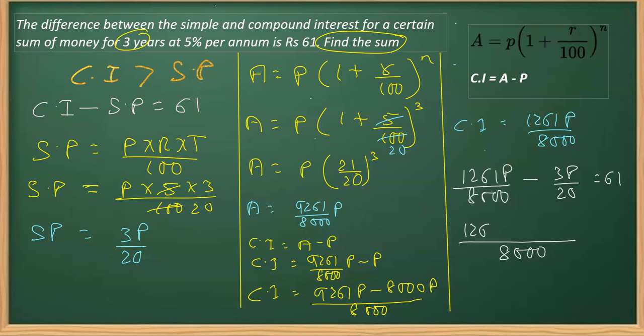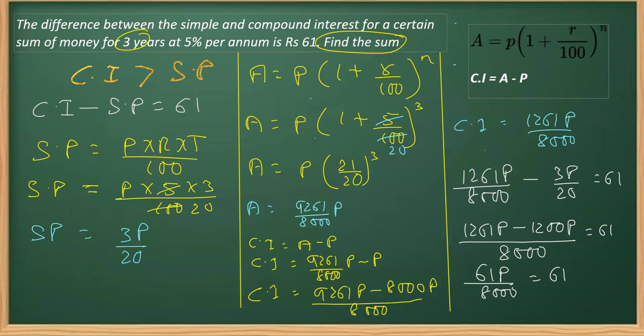This will be 1261 times P minus, if I divide 8,000 by 20, we'll get 400, right? 400 into 3 is 1200P. So the difference comes out to be 61P over 8,000 is equal to 61.